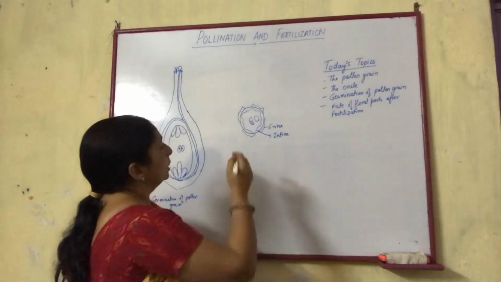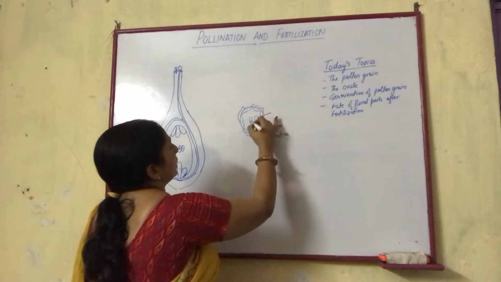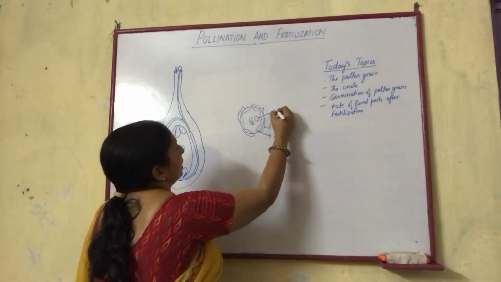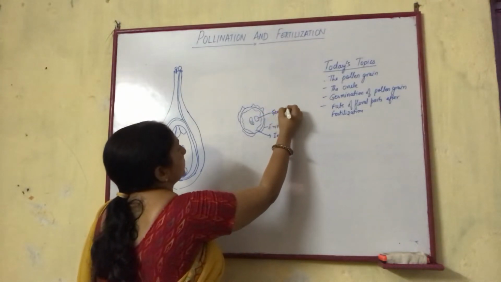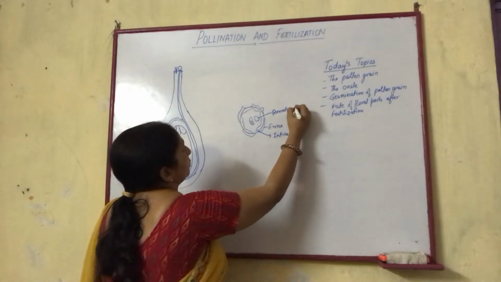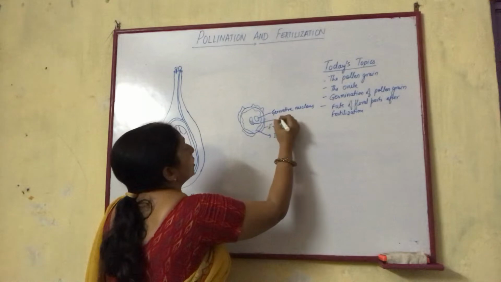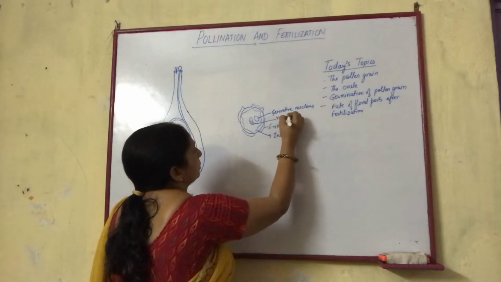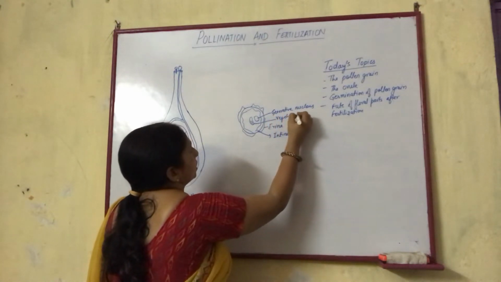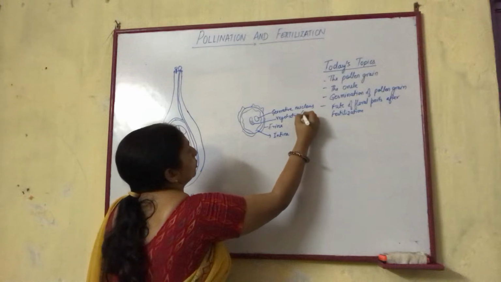Inside there are two nuclei. One is the generative nucleus, and the other is the vegetative or tube nucleus.